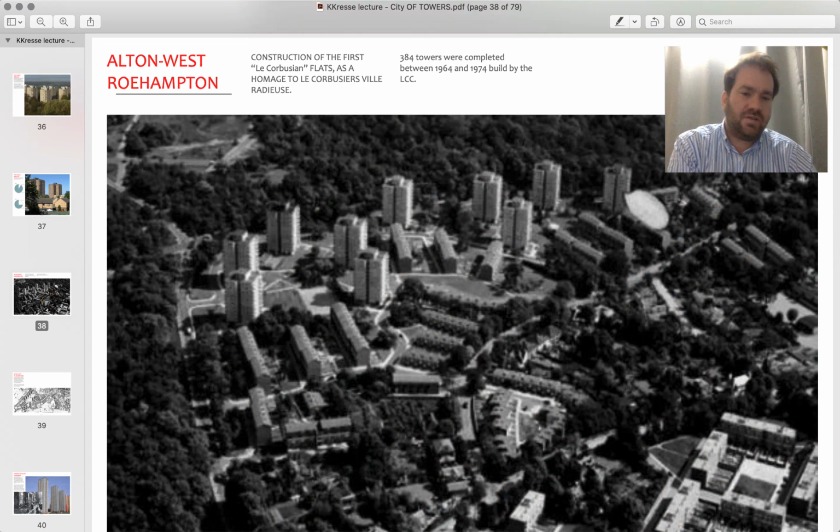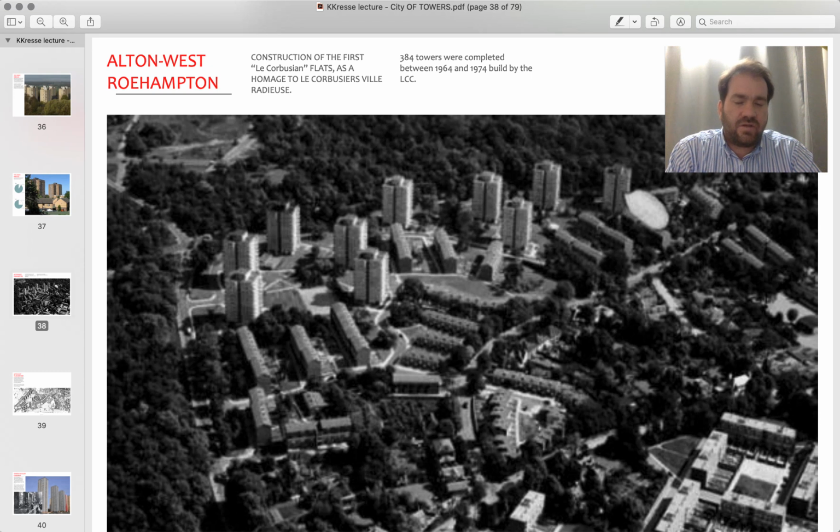And here you see an example of Alton West. Here you see a typology that reminds us of the ideas of Le Corbusier. If you look at those towers, you see how they are put very rigidly on a grid.